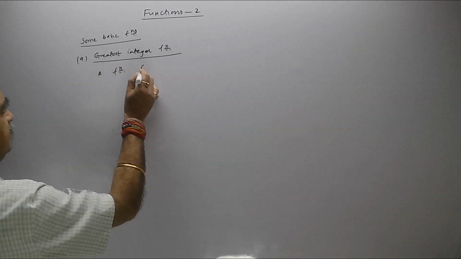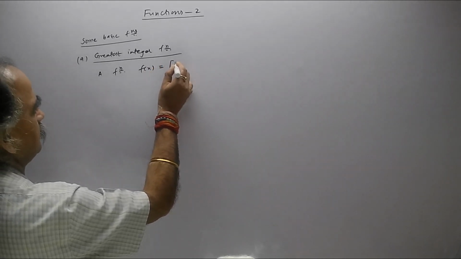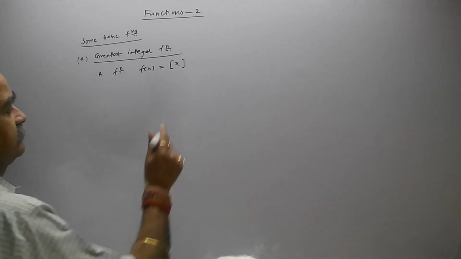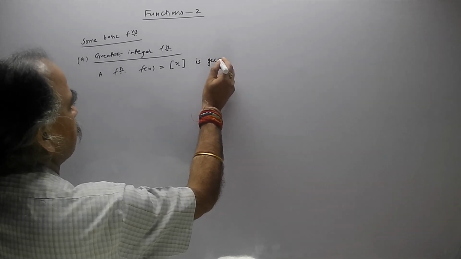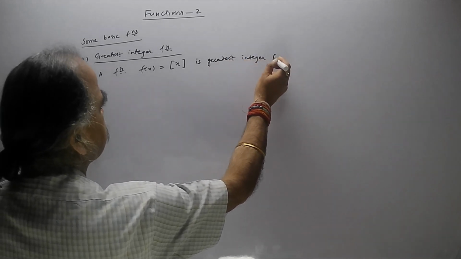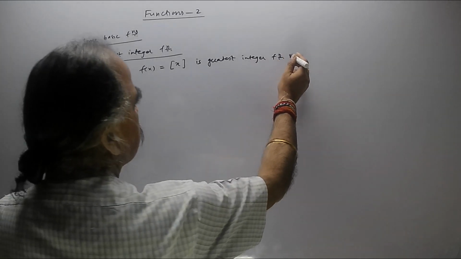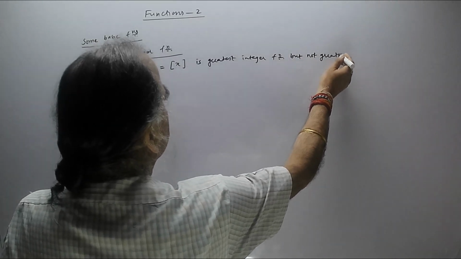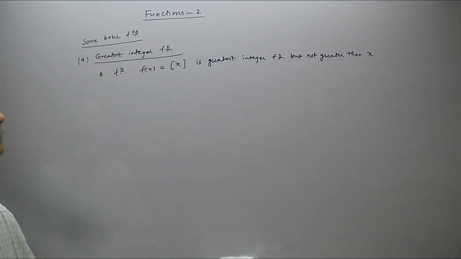A function f(x) is equal to this rectangular box x, which is the greatest integer function, but not greater than x.